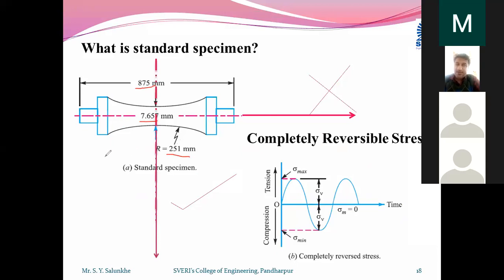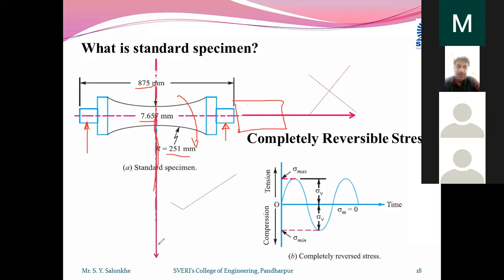Then we can provide this completely reversed stress by providing support here. With bearings we can provide support, and at the middle we can apply load on that specimen. After that, we can rotate this specimen with the help of a motor.